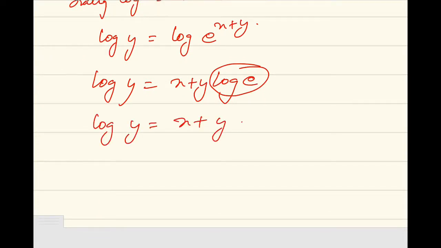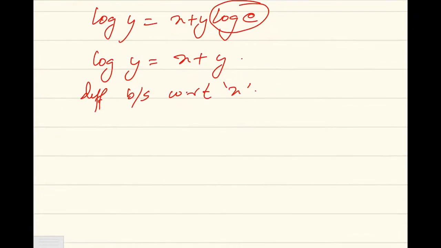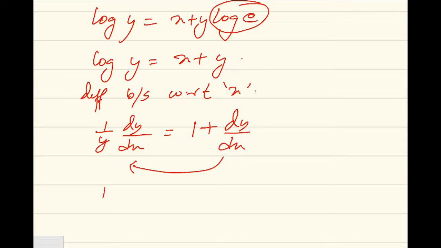So differentiating both sides with respect to x, what do you get? You get 1 by y dy by dx, and here you'll get 1 plus dy by dx. Finally, take it here, so 1 by y dy by dx minus dy by dx equals 1, correct?